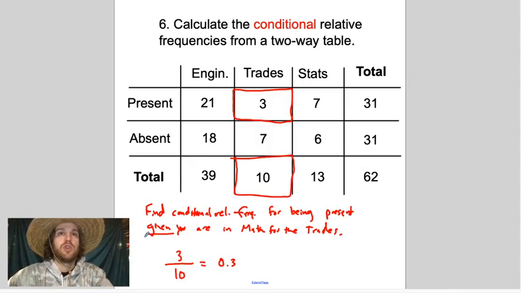So basically, we're showing the relative frequencies for present and absent. Now, if you wanted to find relative frequencies here, you can. You just divide every single number in the table by 62. So you'd have to do 21 divided by 62, and so on. The columns and rows should still add up, and they should all add up to 1 in either direction.